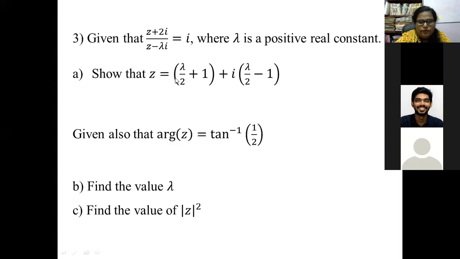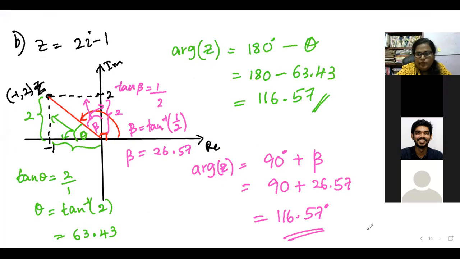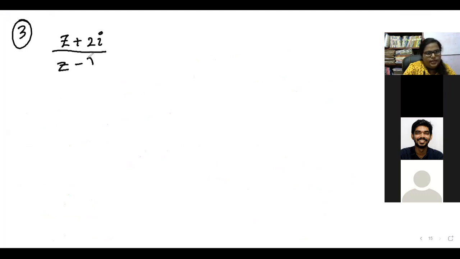Okay, we'll go for the solution here. Let me share the whiteboard. Right here, this is the third question we are discussing now, right? So the expression that we have is z plus 2i divided by z minus lambda i equals i.